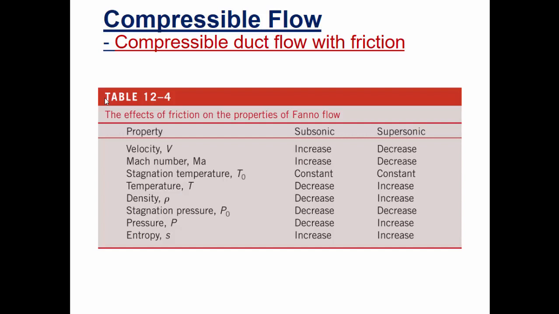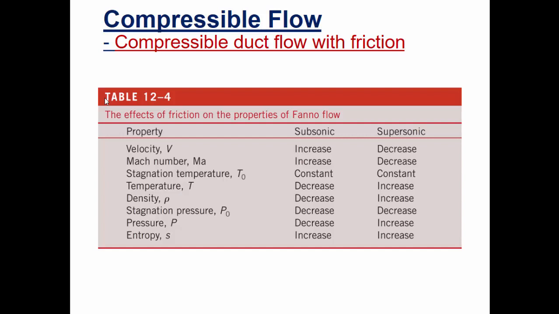For example, if you look into the entropy itself, we look from the bottom of the table. The entropy will increase for both subsonic and supersonic flow before and after the control volume.